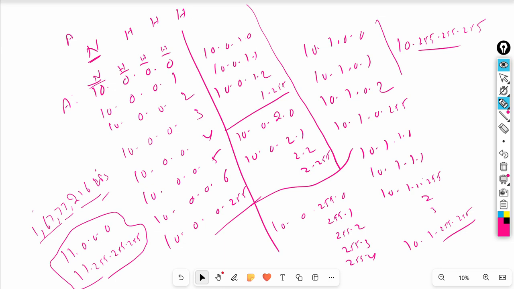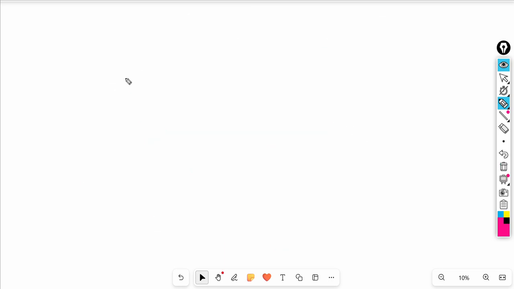So my next question is, in class A, class B, class C, how many hosts will we have? In class A, 1 crore 67 lakh 77,216. In class B, network, network, host, host, means 2 power of 16, 65,536.